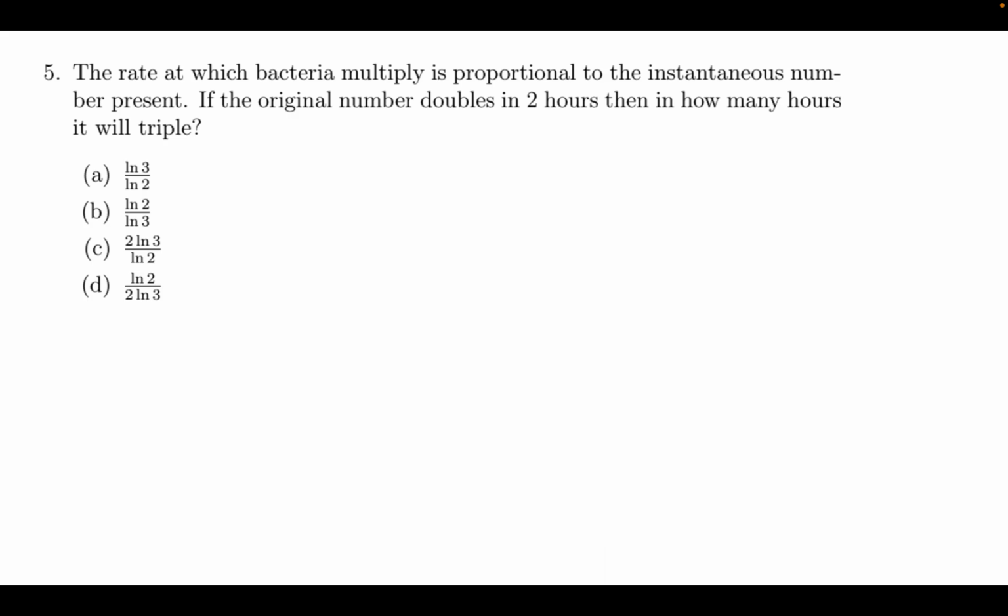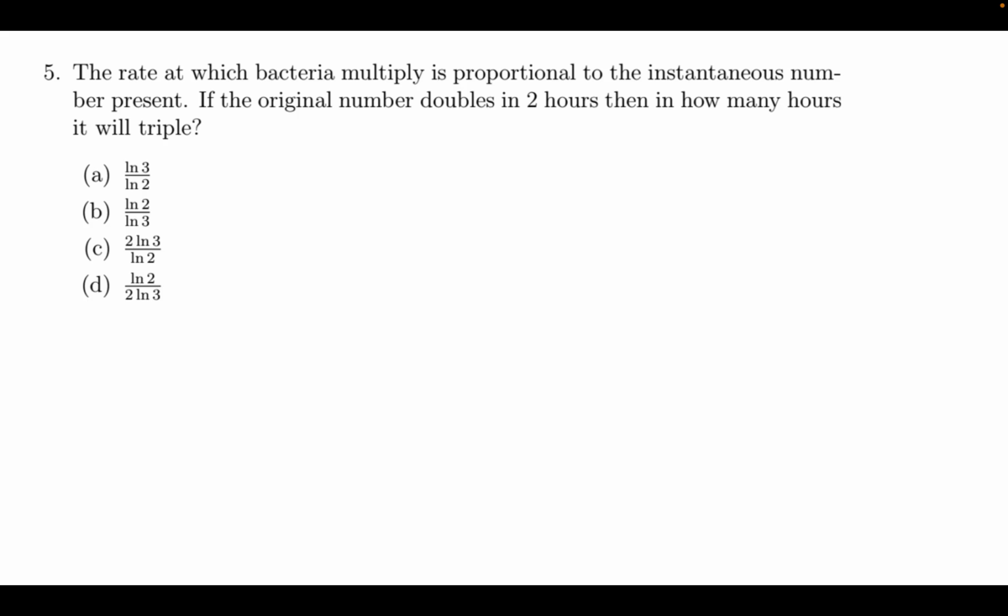The question is such that the rate at which bacteria multiply is proportional to the instantaneous number present. So you have some bacteria, say n number of bacteria, and the question is saying that the rate at which these bacteria are multiplying is proportional to the instantaneous number itself.